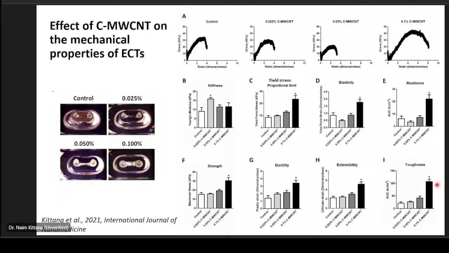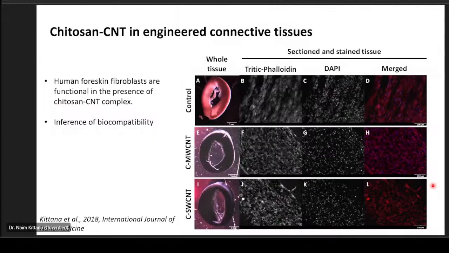All these parameters were increased in the presence of multi-wall carbon nanotubes, so the tissue has become more elastic, a little bit stiffer, has greater resilience, greater extensibility, greater toughness, which means it can endure more physical stressors. And this is actually what we really wanted to have.